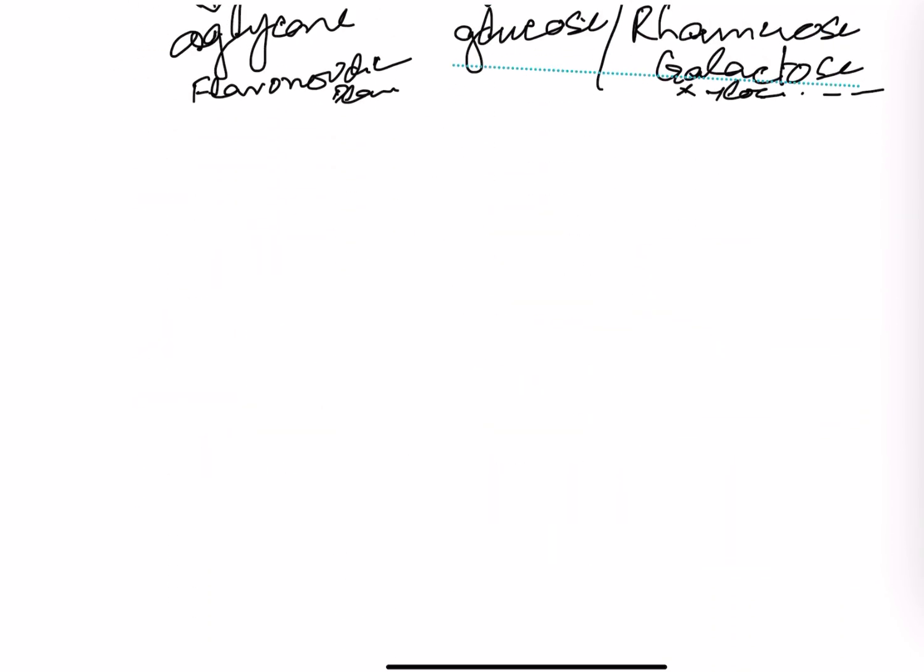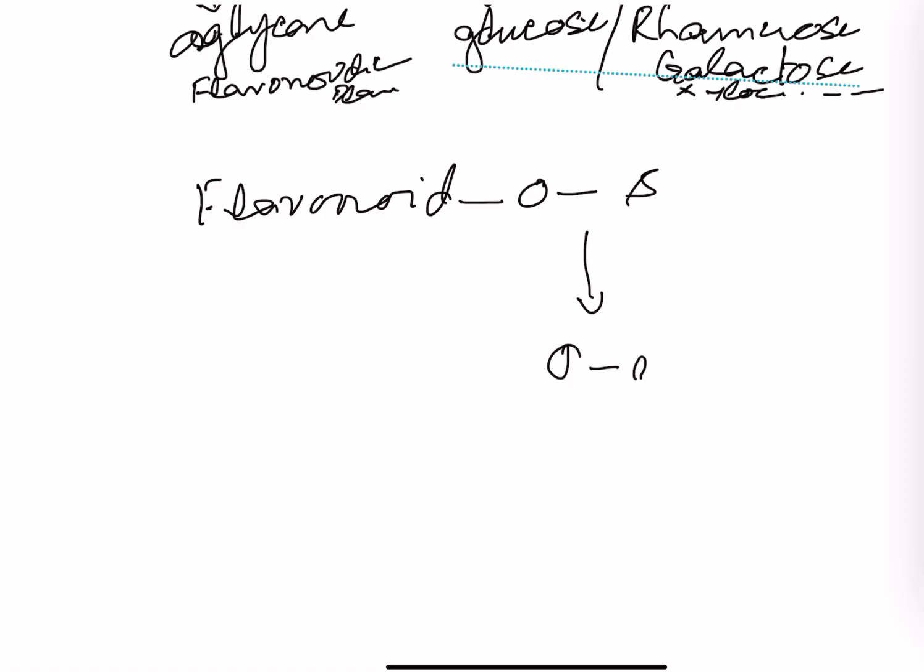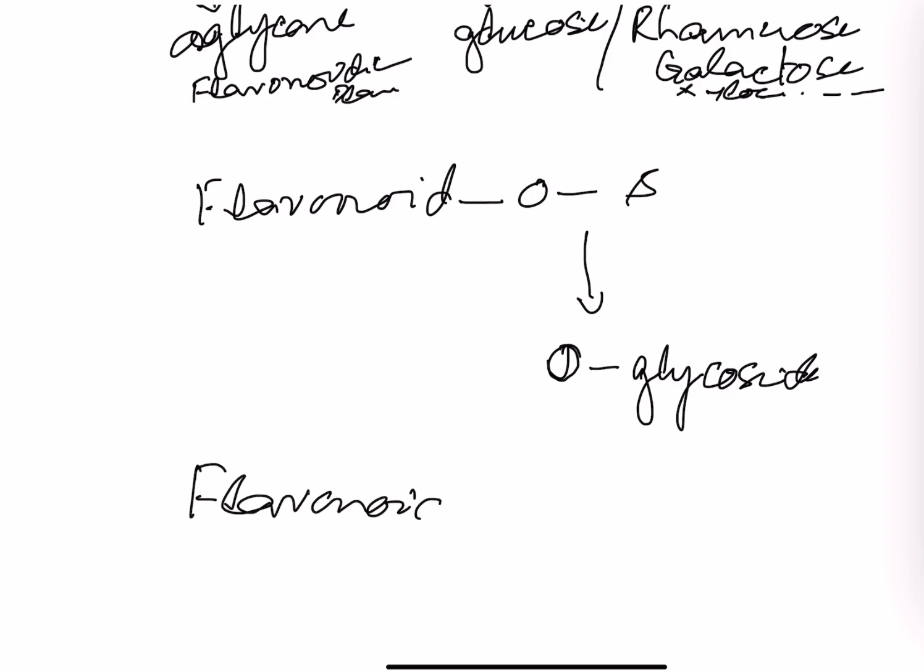When the flavonoid is attached through oxygen, then it is called an O-glycoside, because the sugar is associated with the oxygen. When it is directly attached to the carbon moiety, then it is called a C-glycoside.